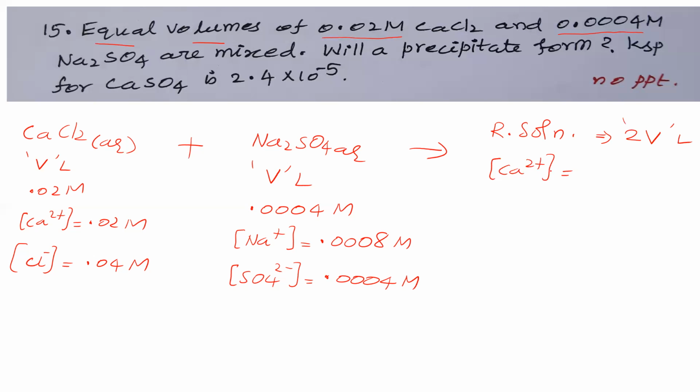It becomes half, divided by 2, because we have doubled the volume. If you double the volume, concentration becomes half. If you triple the volume, concentration becomes one third. So the concentration of calcium ion becomes half.